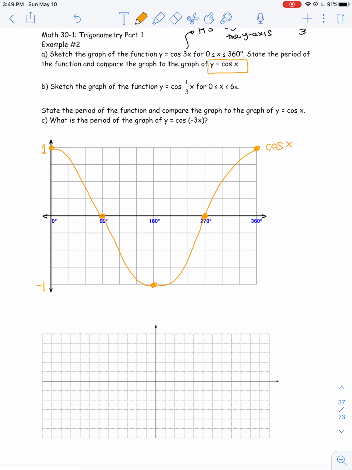So once you graph it, make sure that you change your window. Your window has to go from 0 to 360 for your x values, and then your y will go from maybe -2 to +2. Okay, so you want it to look like a nice wave shape if you're doing this properly. So this is my cos of 3x.